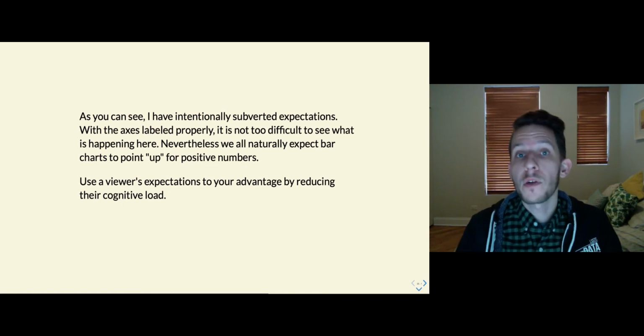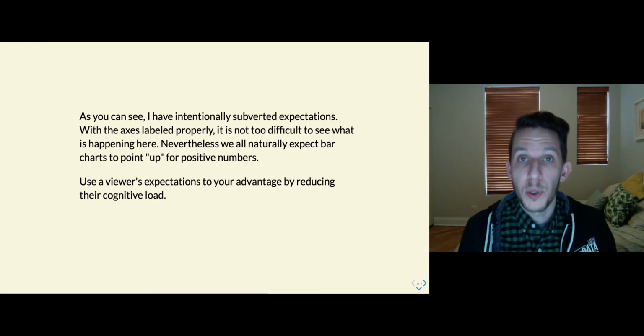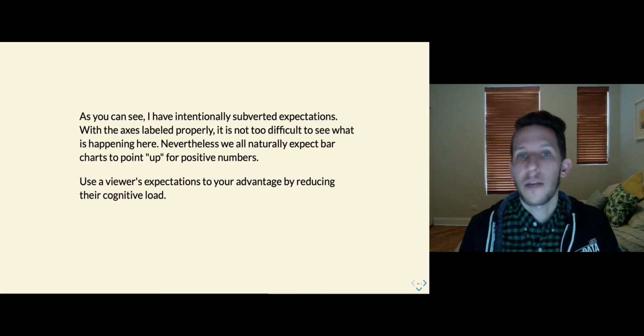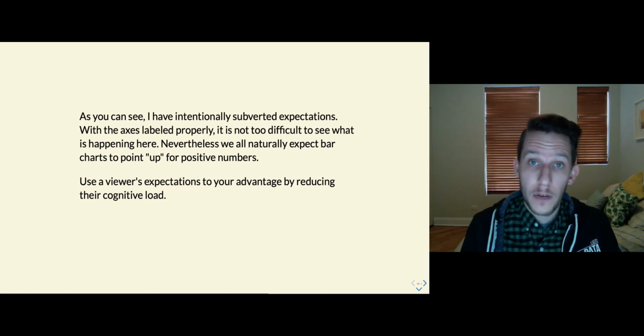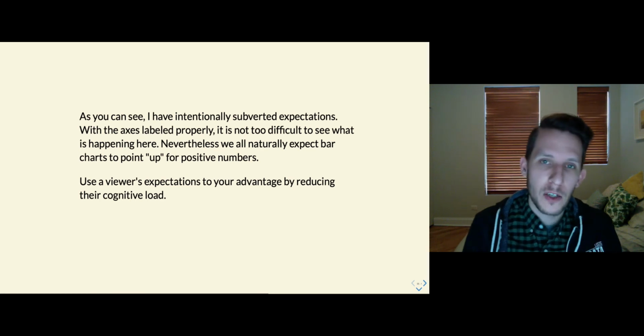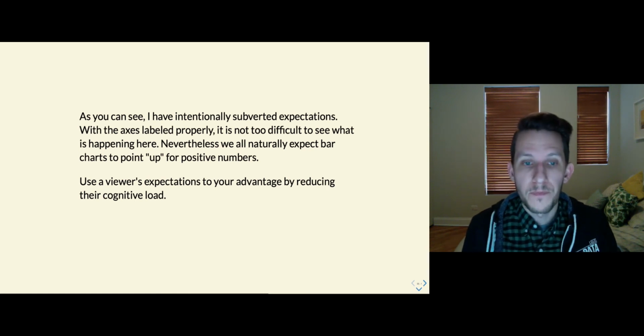So if viewers are used to looking at figures of a particular type, building figures in a familiar style will make it easier for them to quickly process what they are seeing and then return to whatever the next task is. If they're reading your paper, the next task will be reading more text. If you're giving a talk, the next task will be listening to what you are saying. Because if someone is looking at your figure and trying to understand what's happening within the figure, they are not listening to the words that you are saying.